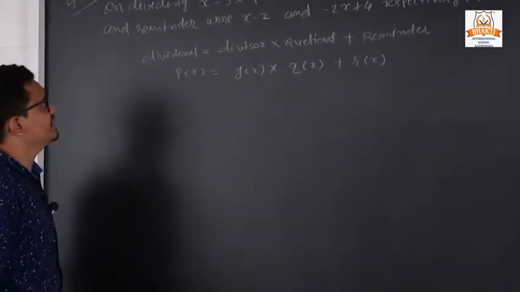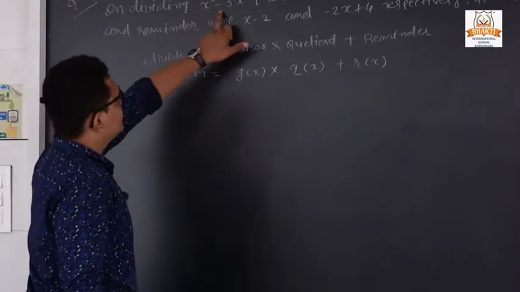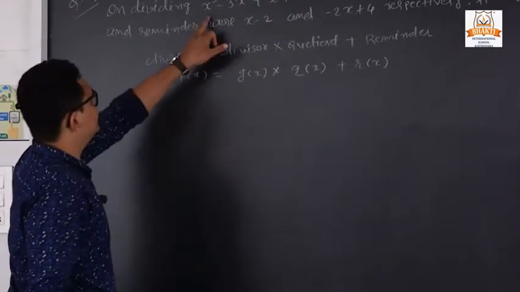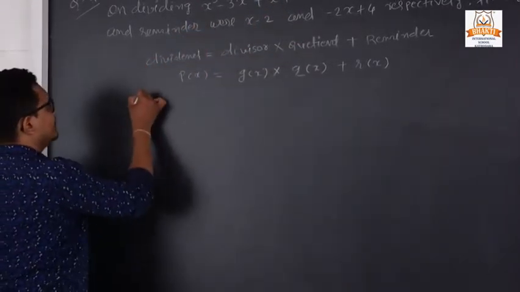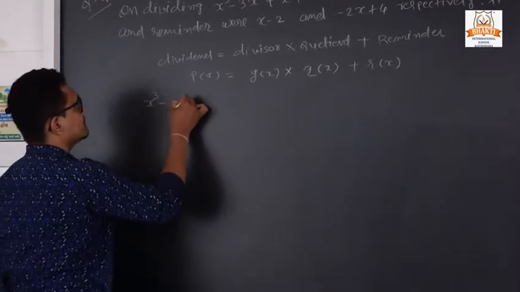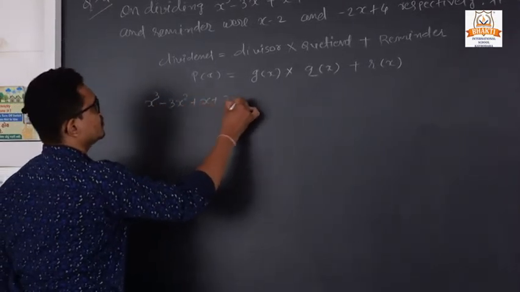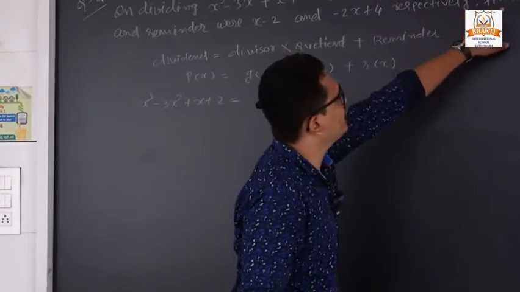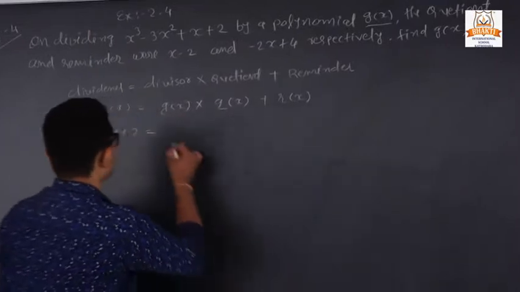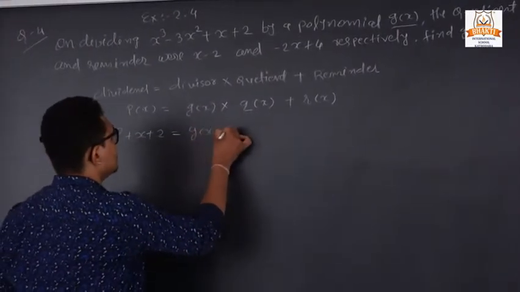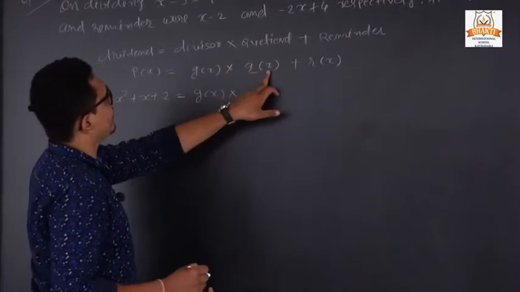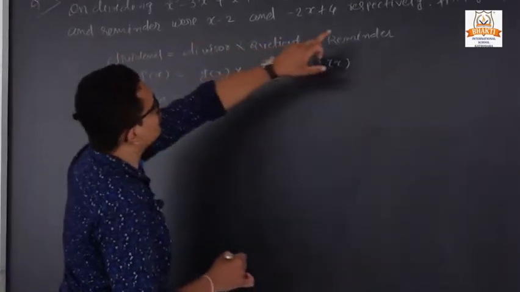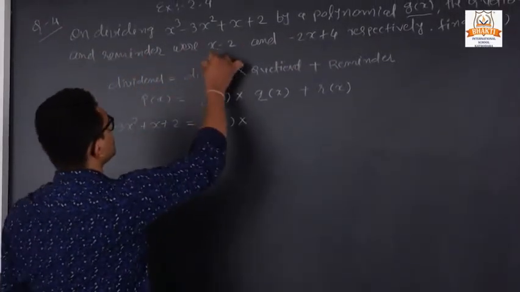Now which thing is given? The dividend is given. See that. So here we can write x cube minus 3x square plus x plus 2. G of x we don't know, and we want to find g of x. So we can put g of x as usual into q of x. The quotient and the remainder are given, so it is our quotient.